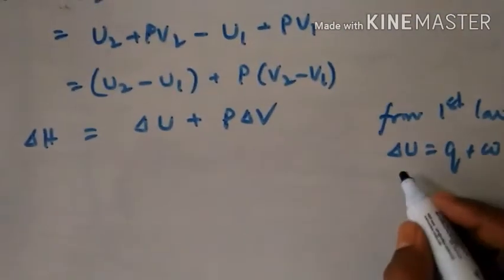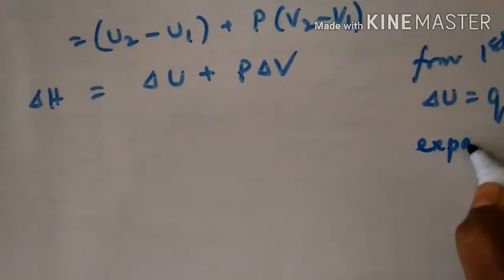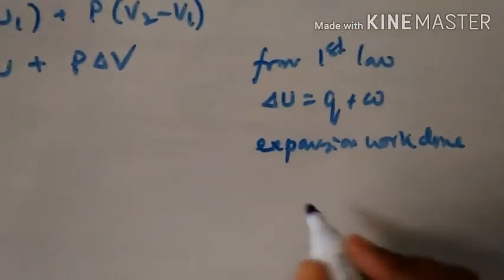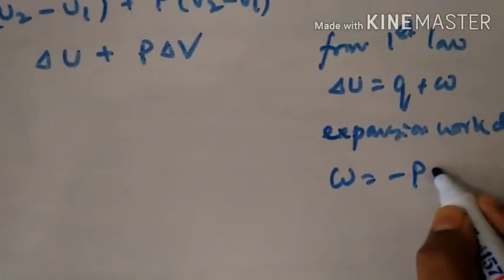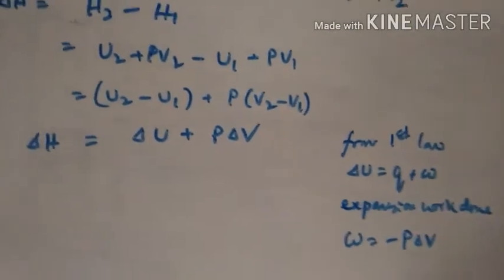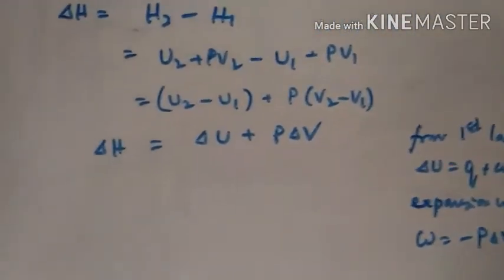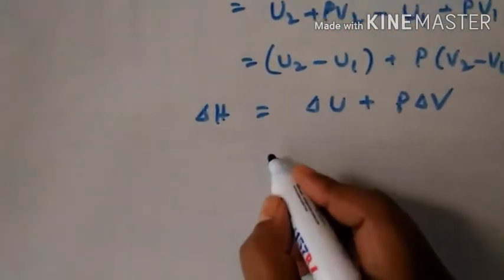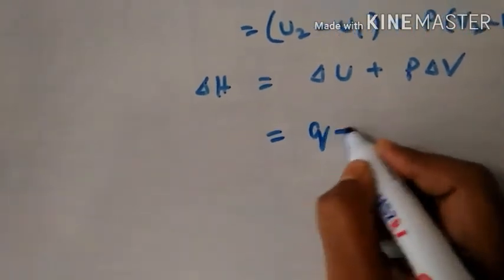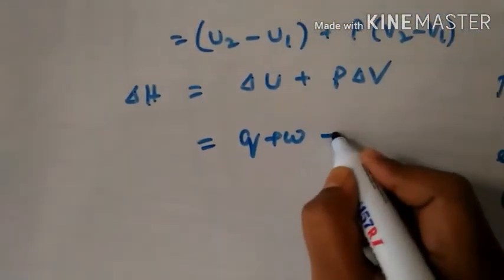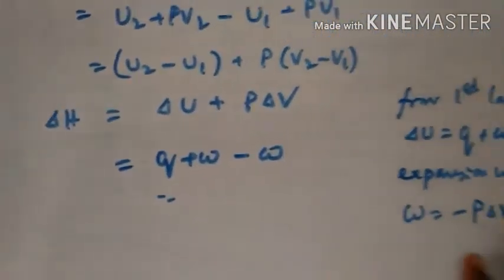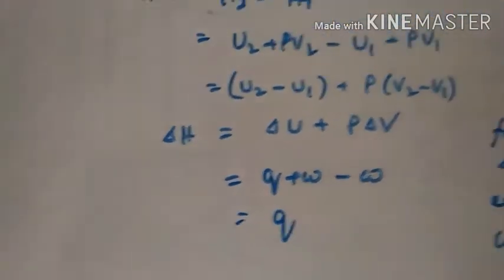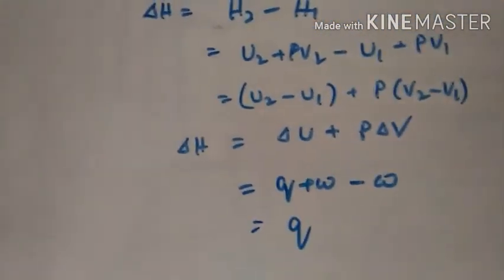The expansion work done is W equals minus P delta V. So delta U equals Q minus P delta V, and delta H should be equal to only Q. This is at constant pressure.